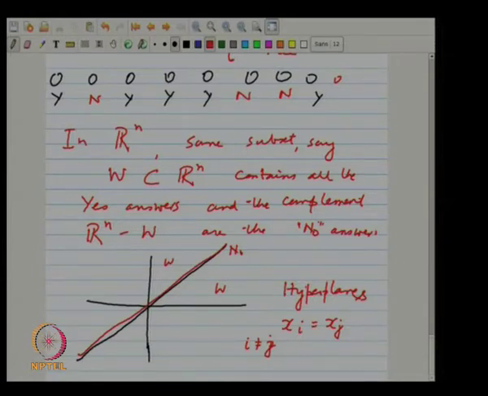And you have to look at what is called essentially the arrangement of these hyperplanes in this n dimensional space. Okay. So, the union of all the points that lie on the hyperplanes correspond to the no answer, and the complement of this corresponds to the yes answer. Any point that is not on any of these hyperplanes, this is an n dimensional point. If that n dimensional point does not lie in the union of these hyperplanes, it means that all coordinates are unique. Okay. So, let us stop today, and we will continue with that next time.